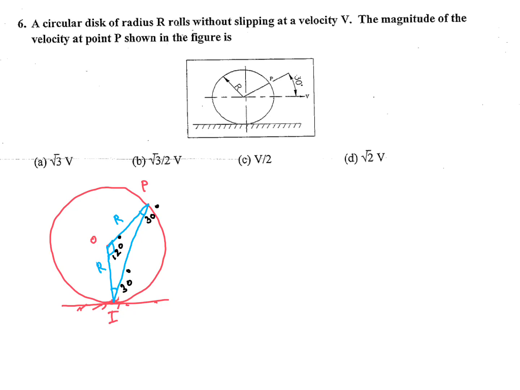Center velocity is V. In triangle IOP, angles at I and P are both 30 degrees, and angle IOP is 120 degrees. So we will apply the sine rule here.